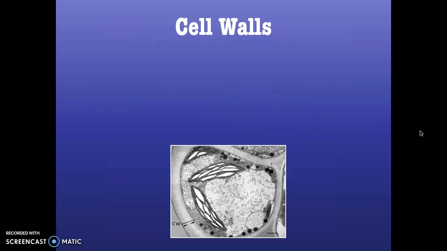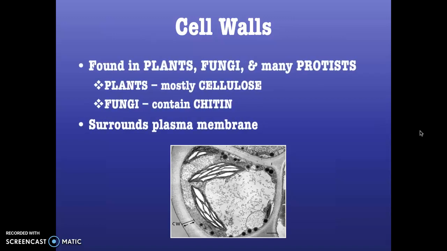Okay, and then we have the cell wall. Again, I told you cell walls can be found in plants, in fungi such as mushrooms, and also in many smaller organisms called protists, and we'll talk about all these different types of organisms later on. There is, however, a big difference between the cell walls of plants and fungus.